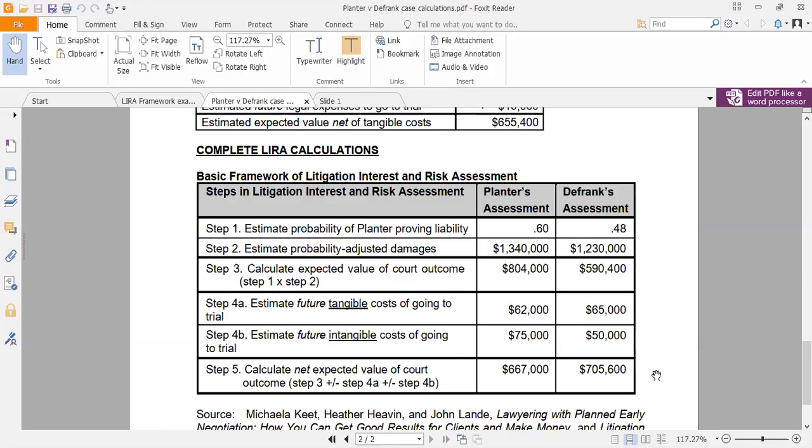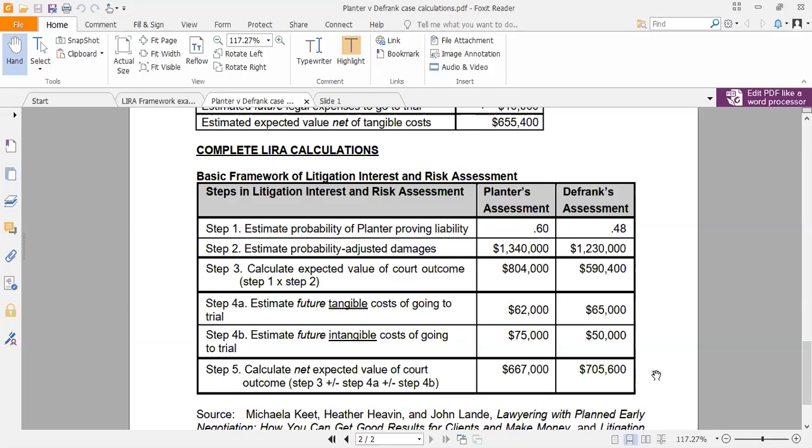So that would be better than the net expected value of going to trial for the plaintiff as well as for the defendant. The plaintiff would receive more than her bottom line, and the defendant would be paying less than its bottom line.